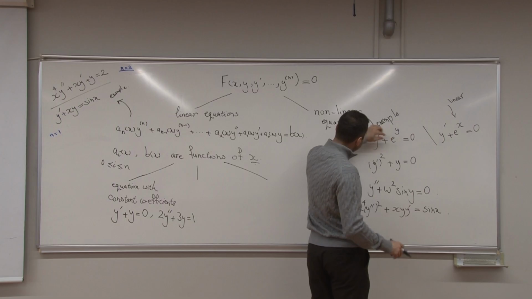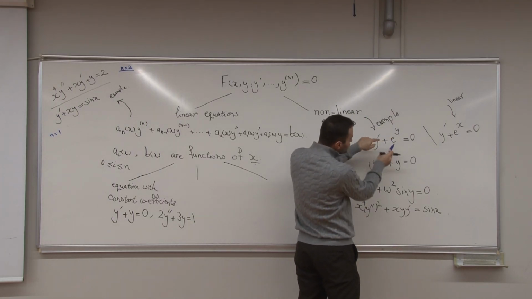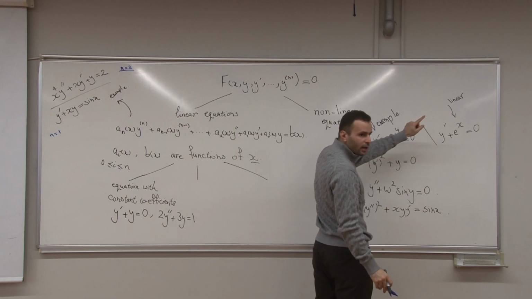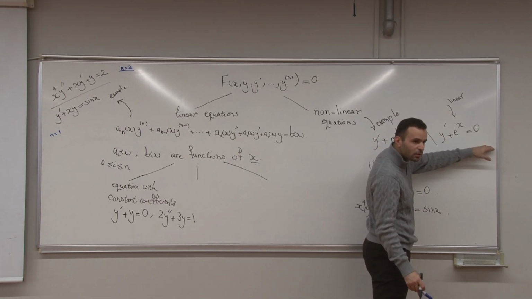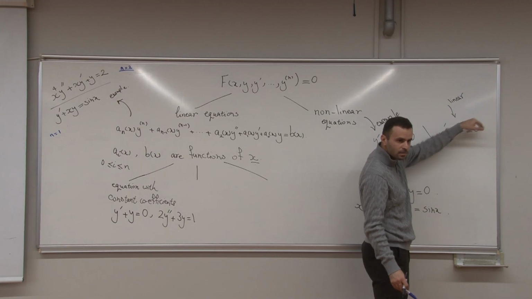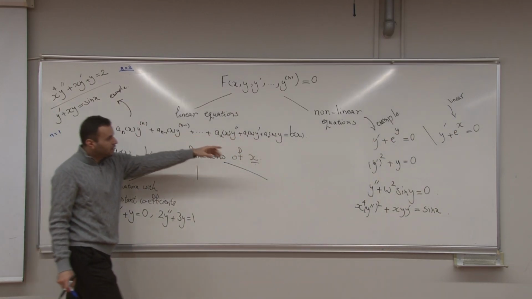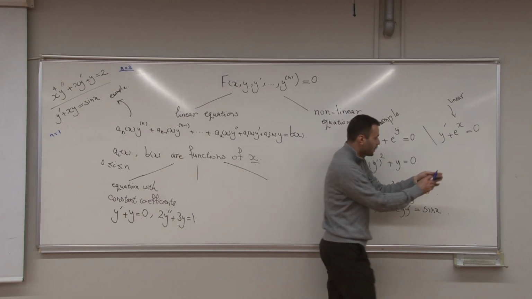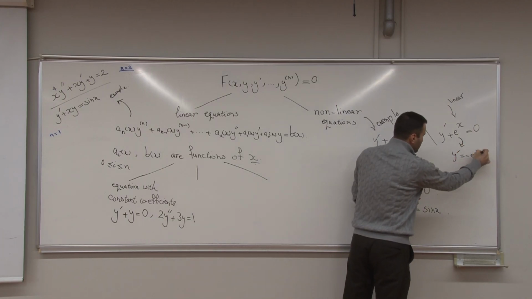And if you write this, this is going to be y prime equal to minus e to the power of y, right? Or in this case, y prime equal to minus e to the power of x. Okay? So look at this. In the second one, in this case, y prime is equal to minus e to the power of x.